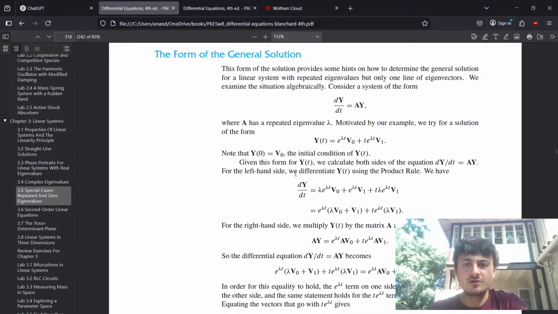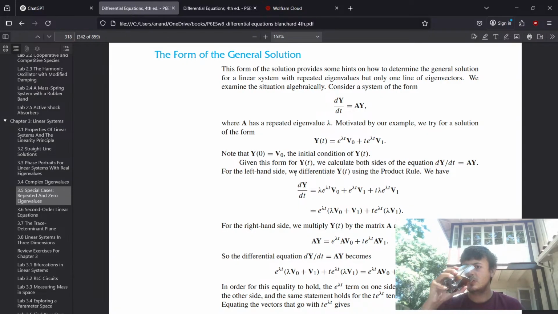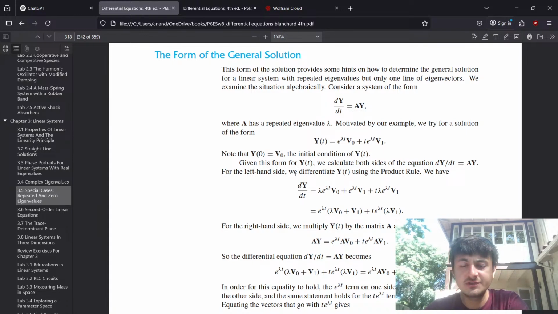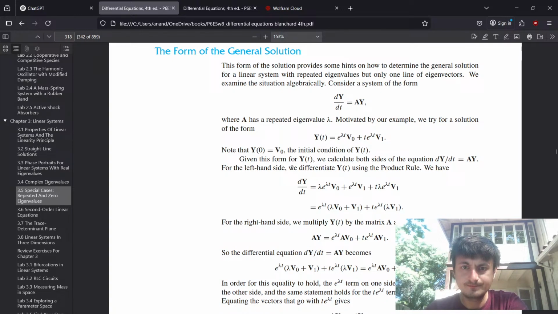This form of the solution provides some hints on how to determine the general solution for a linear system with repeated eigenvalues but only one line of eigenvectors. Our standard linear system has a repeated eigenvalue lambda.